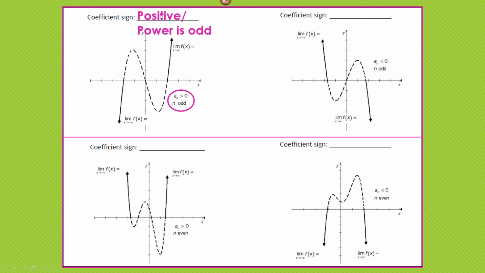So we've got a positive leading coefficient and an odd power. What they're telling us is that the function looks kind of like this. Think about the x cubed function. If you remember what that function looks like, it was up on the right and down on the left. That was just basic x cubed.